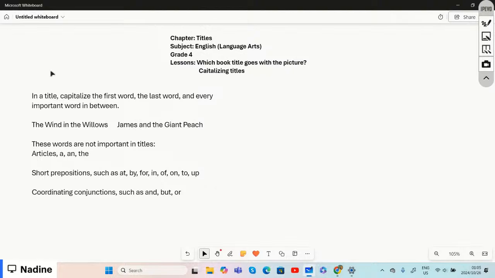And then the lessons that we are going to be focusing on under the chapter of titles are which book title goes with the picture, and capitalizing titles.